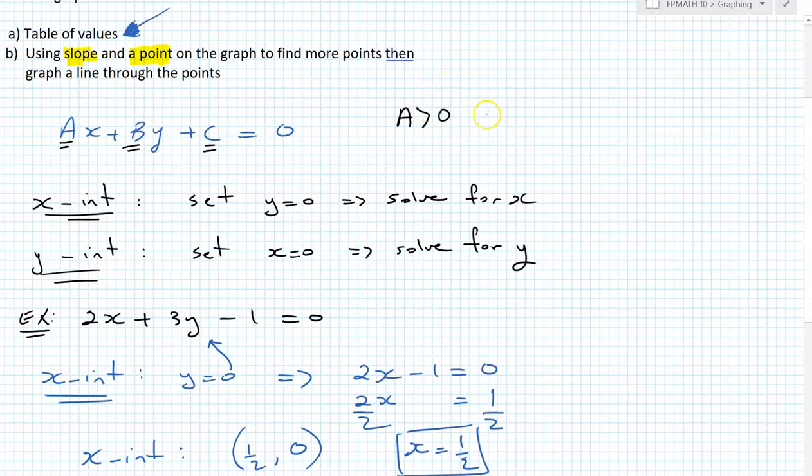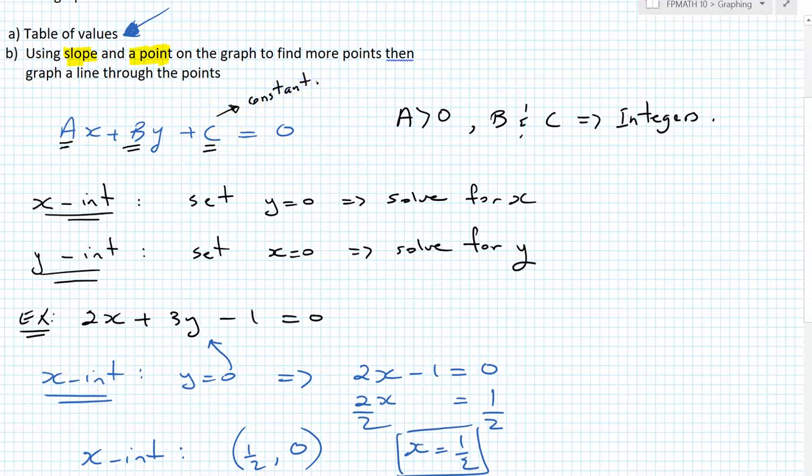So a is the only one that cannot be negative, but everything else can be negative, the coefficient b and the constant c. Notice that c is a constant, which means it doesn't have any variable in it.